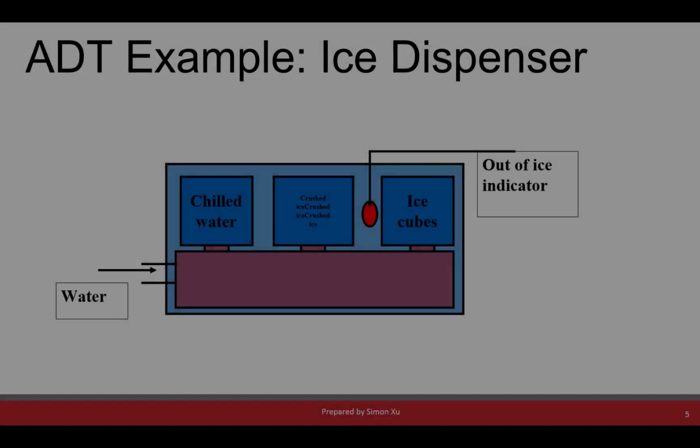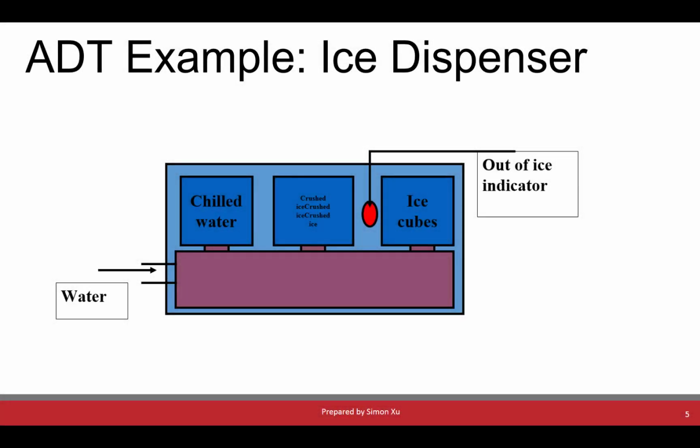One good example of the ADT concept is an ice dispenser. If we are engineers, we need to know how to design the ice dispenser to understand what kind of data have to be stored inside. For example, the input is water, and the output should be chilled water, crushed ice, or ice cubes, or a light indicating the ice is out.